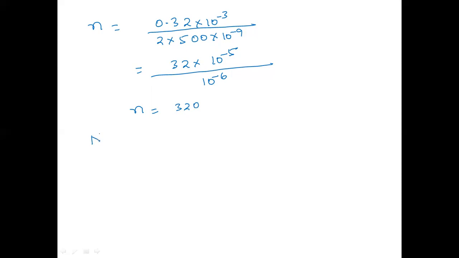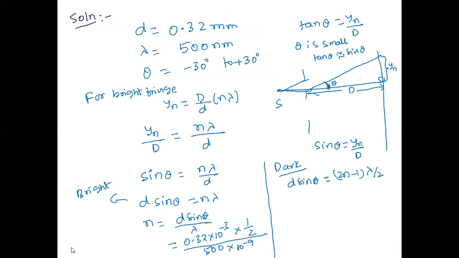So the total number of fringes will be... Now you can see the YDSE pattern with respect to the center. This is the central fringe. Above, how many bright fringes are there? Below also, the same number of bright fringes will be there. Here we are having 320 above, so down also 320, and the central fringe is a bright fringe, another one.